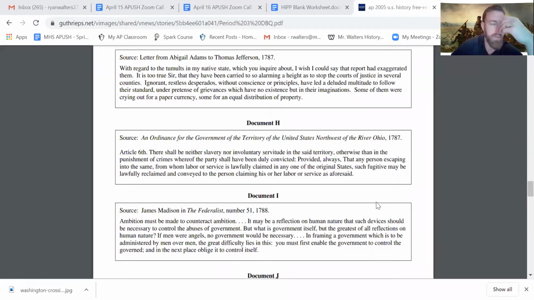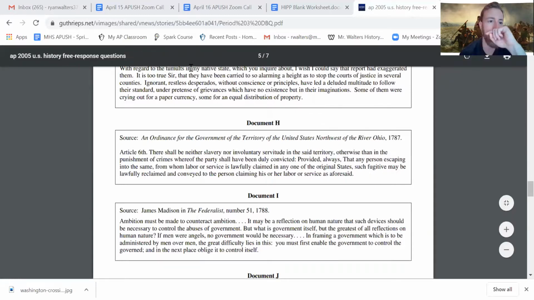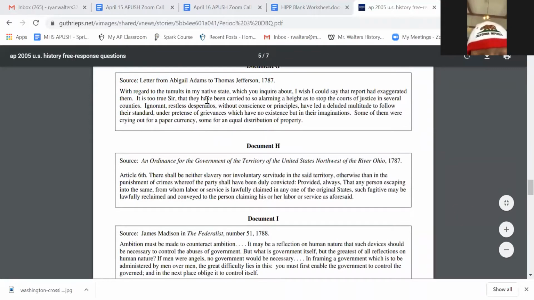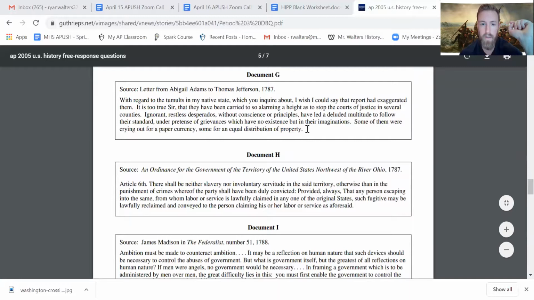Okay, so before we even get any further, what is Abigail talking about? What is she saying here? What's going on in her state? Which document is it? Document G, this one right here.